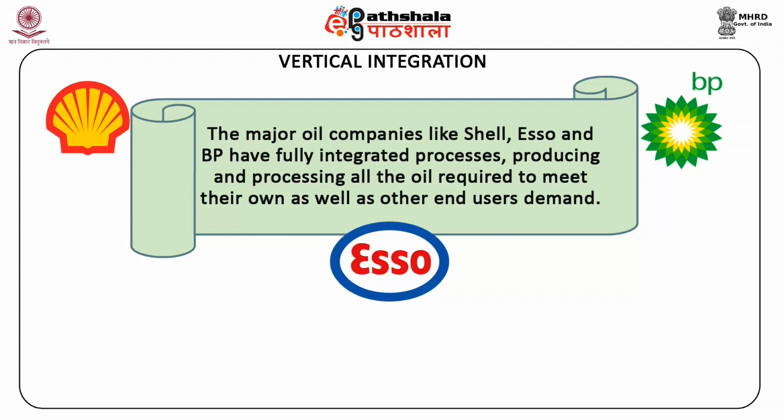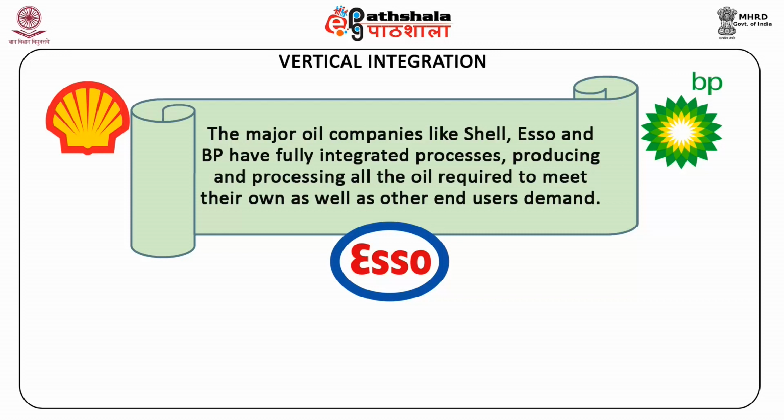Some of the oil companies may not be fully integrated, as they may not use all the crude oil they produce and sell to the refineries, or they may not produce enough crude oil to meet their own requirement. Many companies do not produce sufficient crude oil to keep their refineries going and have to purchase crude oil from other suppliers.